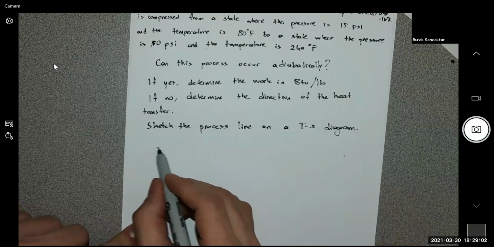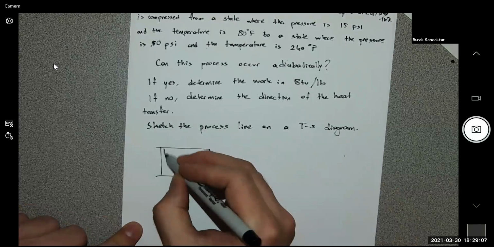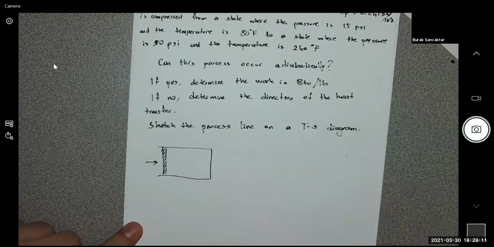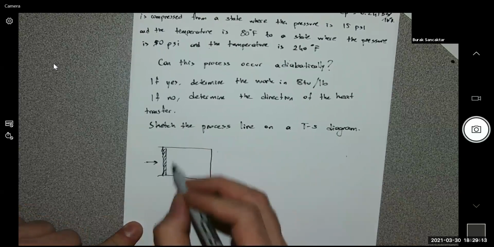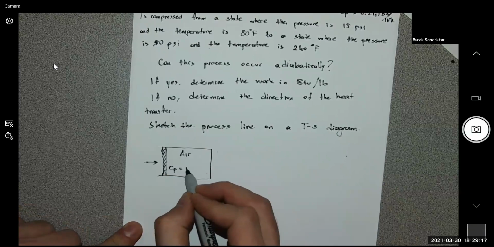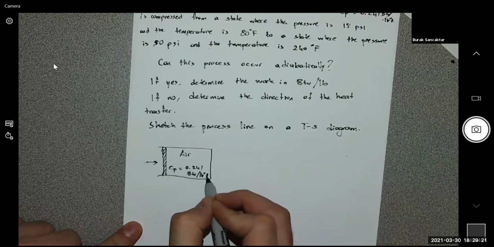We have a system which contains air, an ideal gas. The air inside the system is compressed, with Cp equals 0.241 BTU per pound degree Rankine.